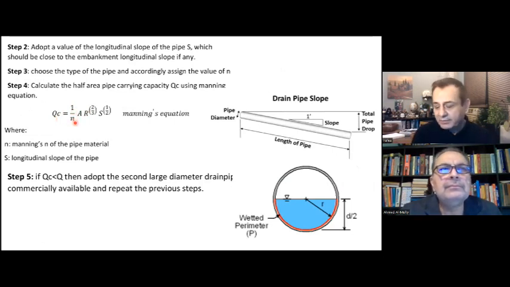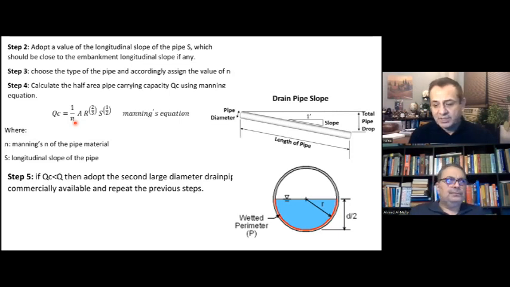Now, what is n? This is the Manning roughness coefficient. It depends on the type of the pipe. So if you want to select a pipe and you go to the company page, you download the table, it gives you the different diameters that are available commercially, and gives you the n value.